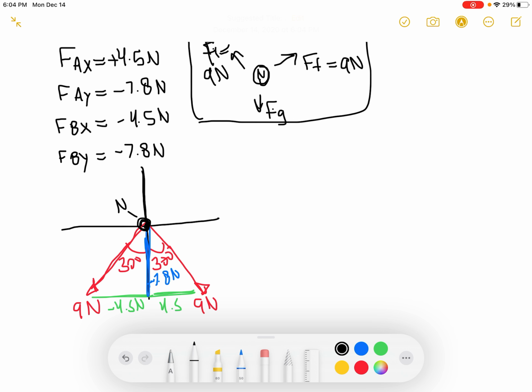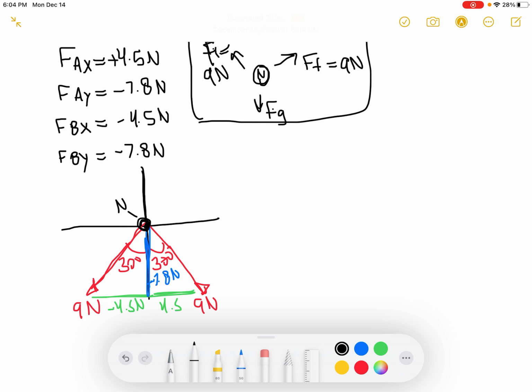Now, we need to find the resultant force. So what is that? Basically, we need to add together the x and y components and then put that into a triangle and find the hypotenuse of it, which will be the resultant force.